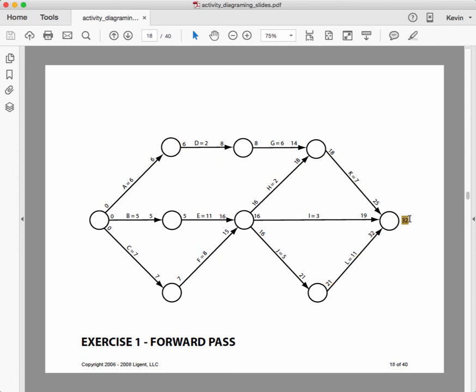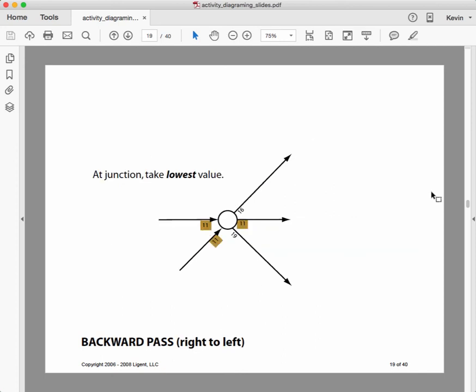Now, let's do the backward pass, and this is where we learn about things like slack and float. Okay, so when we're making the backward pass, we're going from right to left, okay? So we're looking at the values that are coming into the node. So on the right hand side, 16 coming in, 11 coming in, 19 coming in.